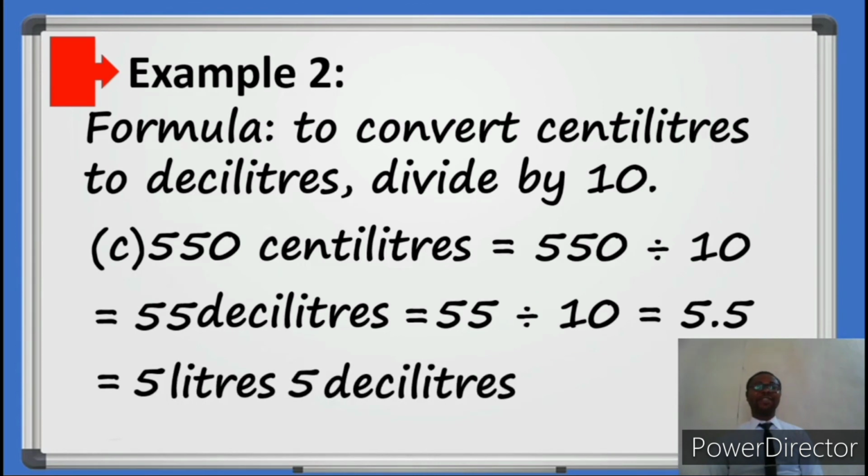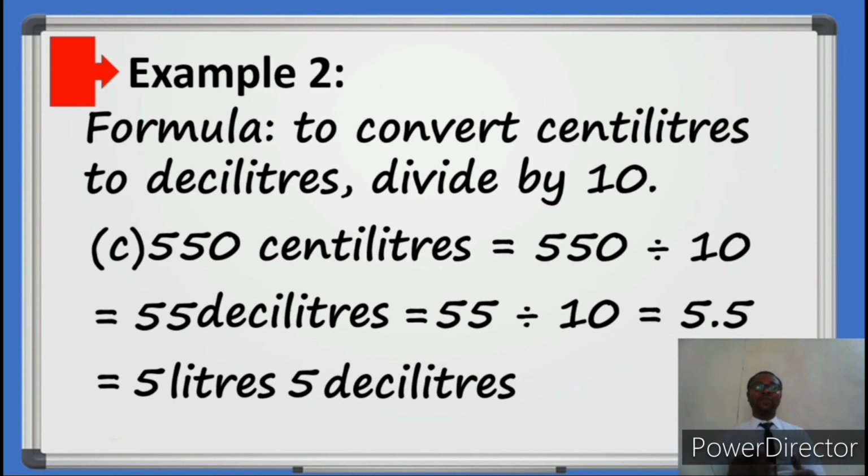I hope you understand what we did in this example. We have 550 centiliters and we want to convert to liters and deciliters. There are two ways we can do that. Either we divide by 100, converting straight from centiliters to liters, which gives us 5.5 liters.